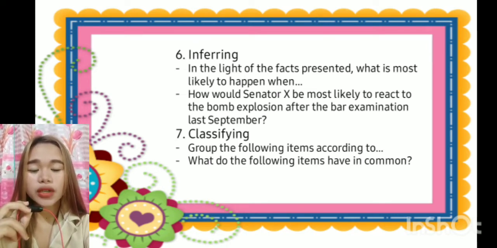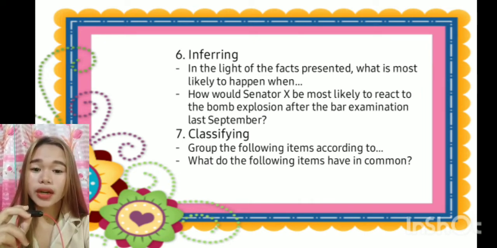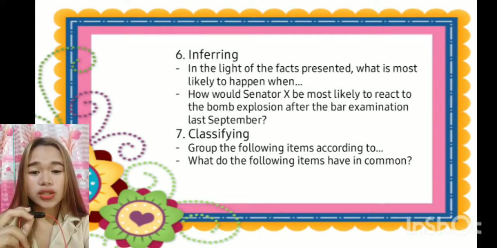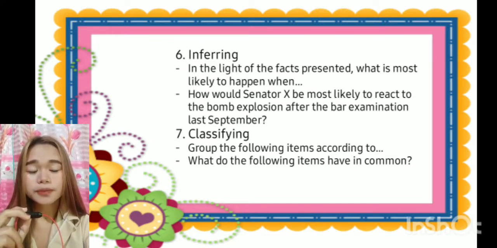The second example is, how would Senator X most likely react to the bomb explosion after the bar examination last September? As you observed, the questions are related to the evidences and the student will be able to conclude, explain, and deduce based on the evidences.